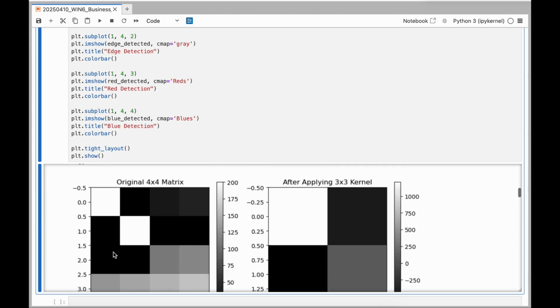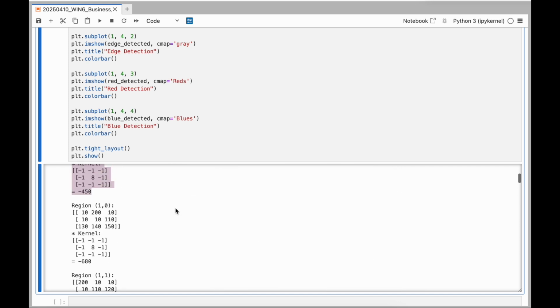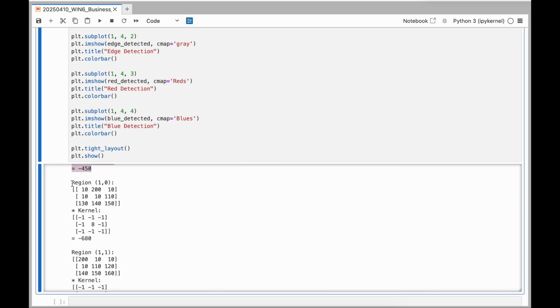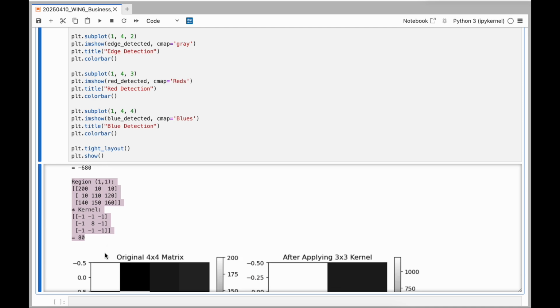So you see the first pixel is white, the second is black, then we get another black, and then we get a gray. The third is negative, so it's going to be black, and the last one is above 0, around the middle.